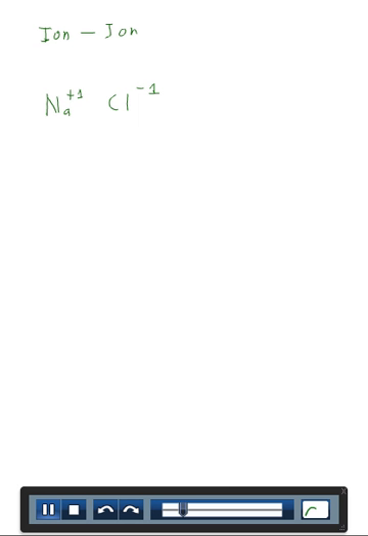Now, the potential energy between two charges is equal to, and these are constants, 1/4, and we have pi and epsilon naught, which is a constant of nature.